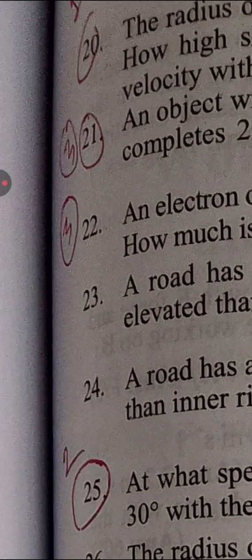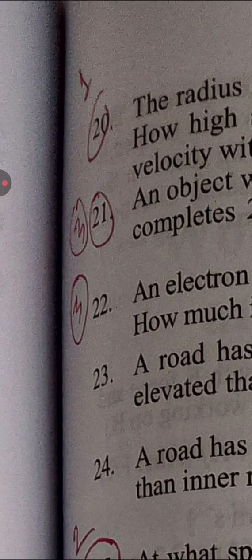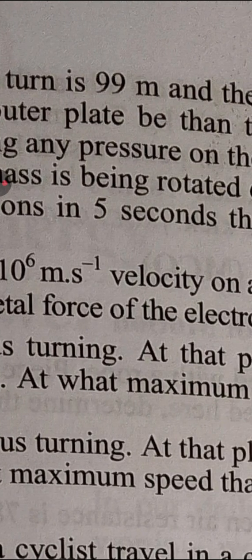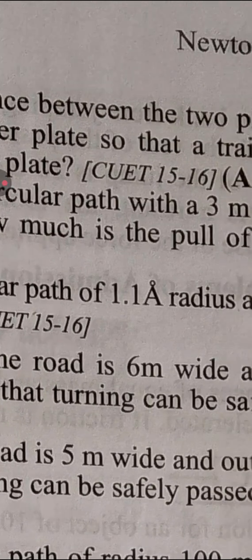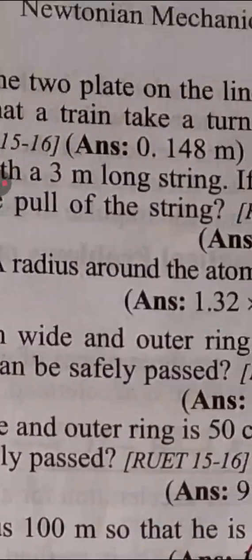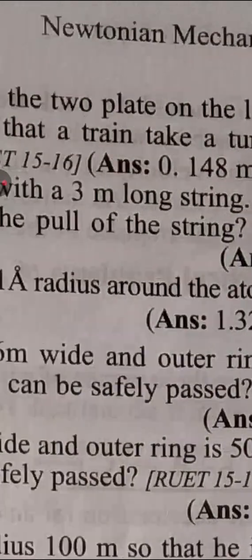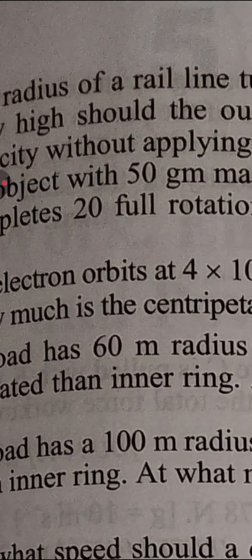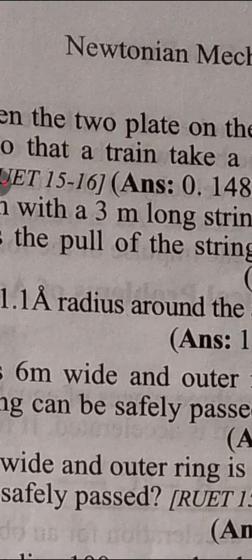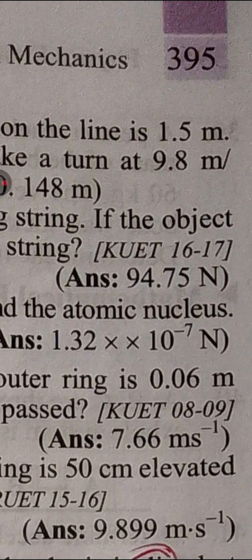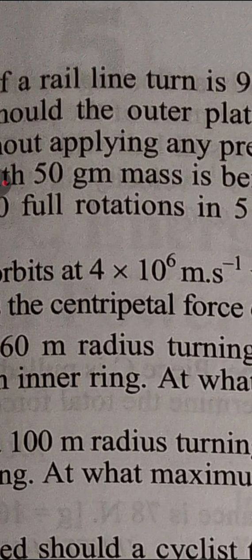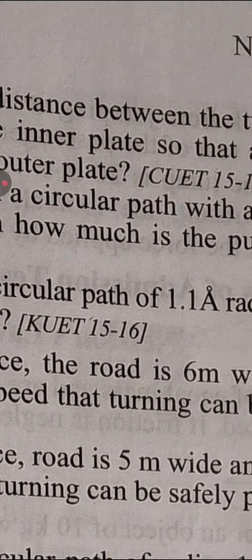I have already tried number 3 now. The radius of a rail line turn is 99 meter, and the distance between the two plates on the line is 1.5 meter. So how high should the outer plate be than the inner plate, so that a train takes a turn at 9.8 meter per second velocity without applying any pressure on the outer plate.